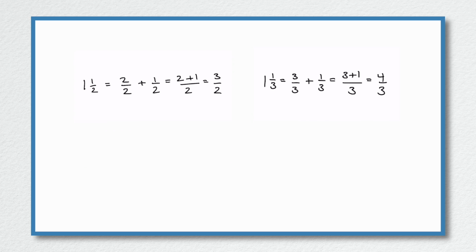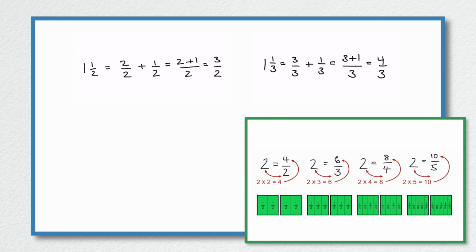If you remember earlier on, we looked at writing whole numbers as fractions. And in this particular example, we could see that by multiplying the whole number by the denominator, we could work out what the numerator was. And this is very much what we're going to do now.